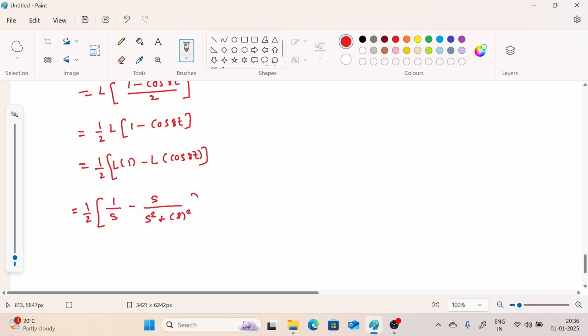So we get 1 by 2 times (1 upon s minus s upon s square plus 64). You can leave it as it is, no need to simplify it further. If you want, you can, otherwise keep this as it is. That's it.